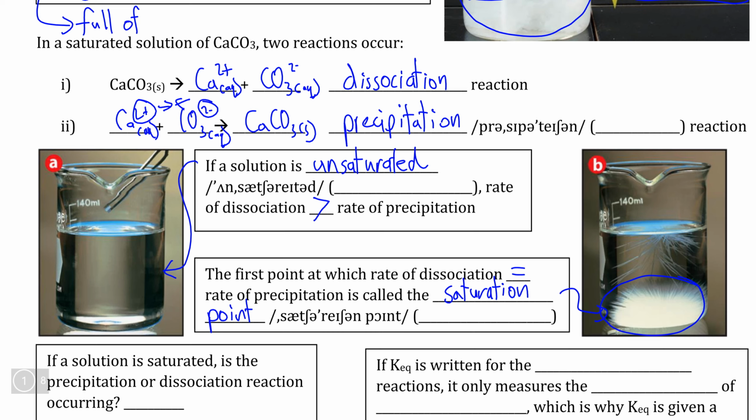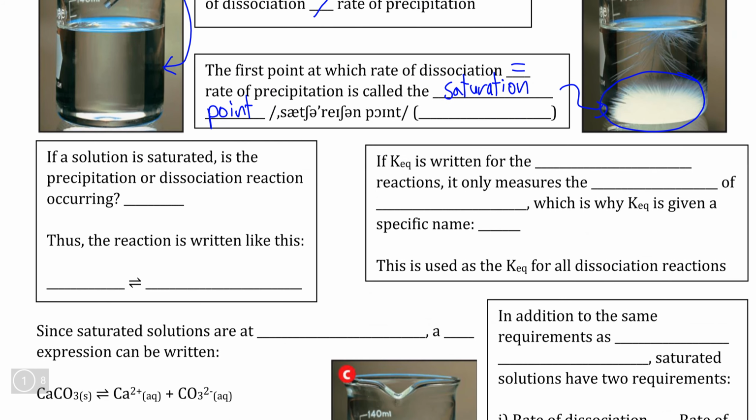Now, when we get to this point, does this mean that the dissociation reaction is no longer happening? Well, no, that doesn't make any sense, because water will always be attracting to the charges of each of the ions in the solution, and therefore pulling apart the solute. So in this case, we can't say that only one of these reactions is happening.